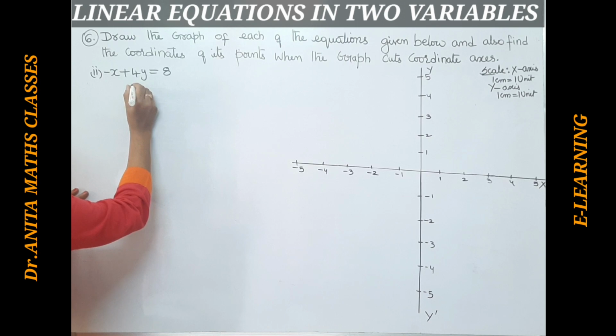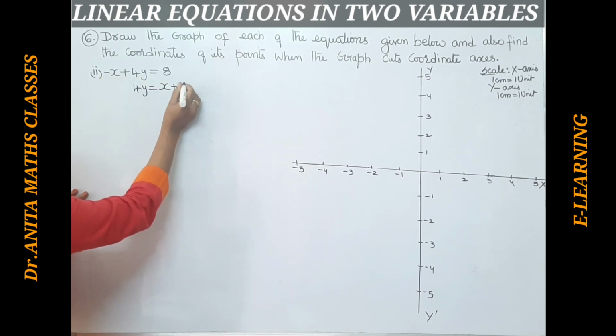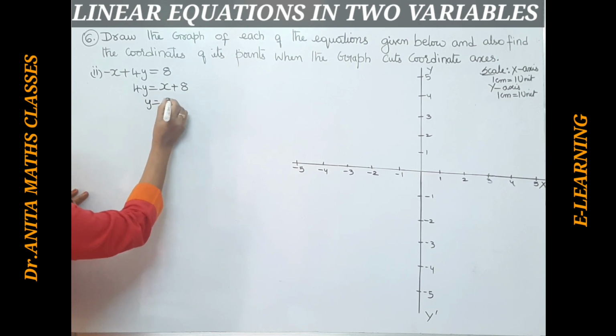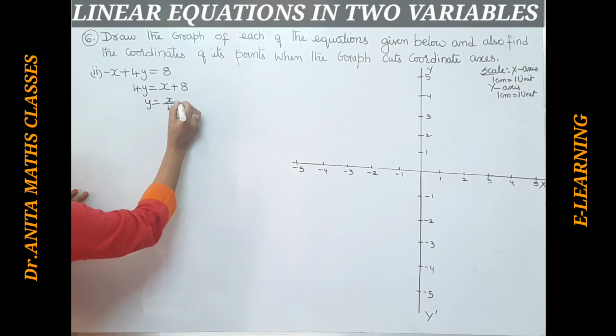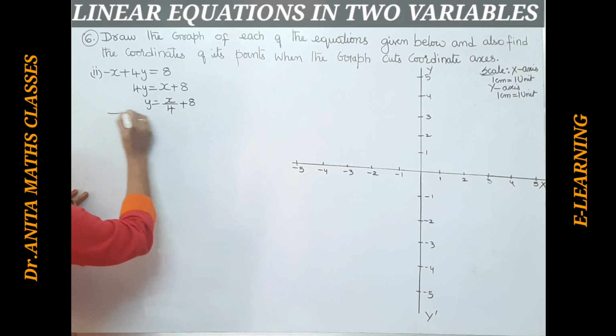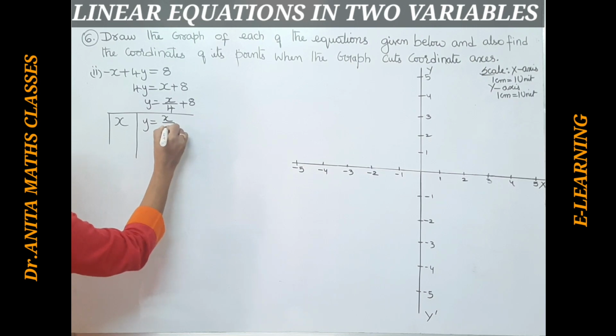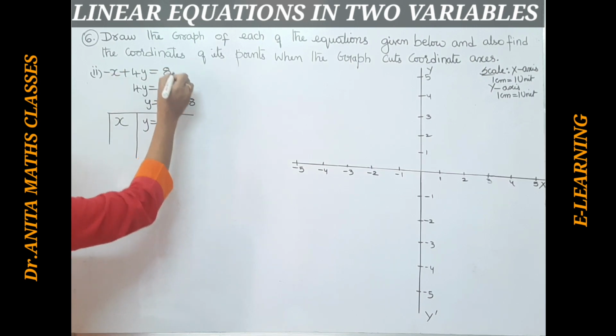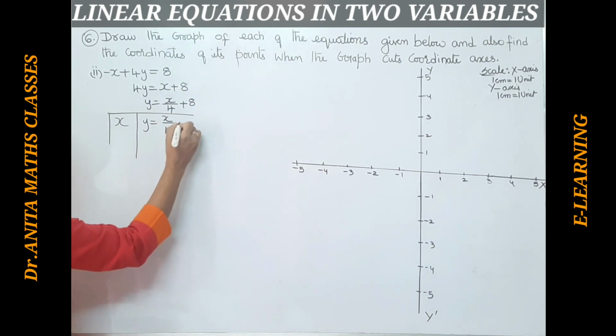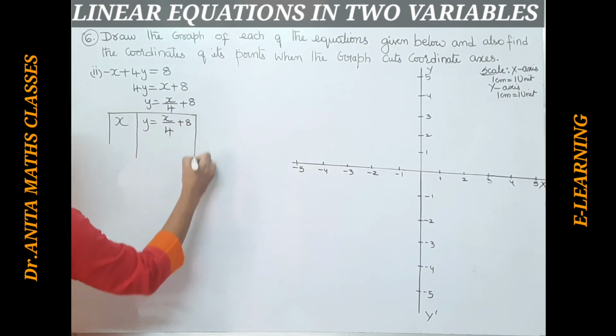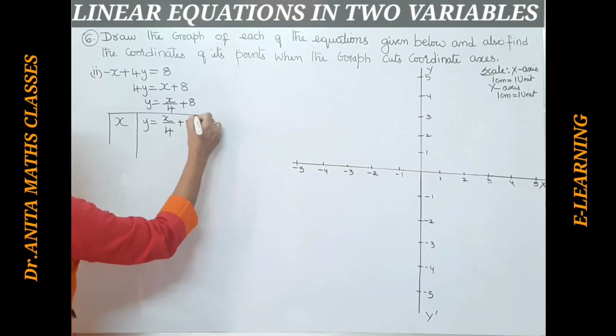Before that, shifting x to the other side, y equals x by 4 plus 8. So let us draw x, y equal to x by 4 plus 8, and x comma y is the point.